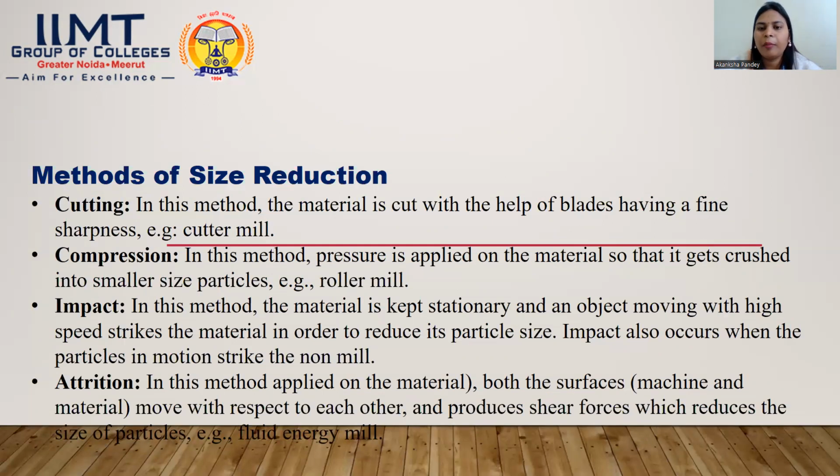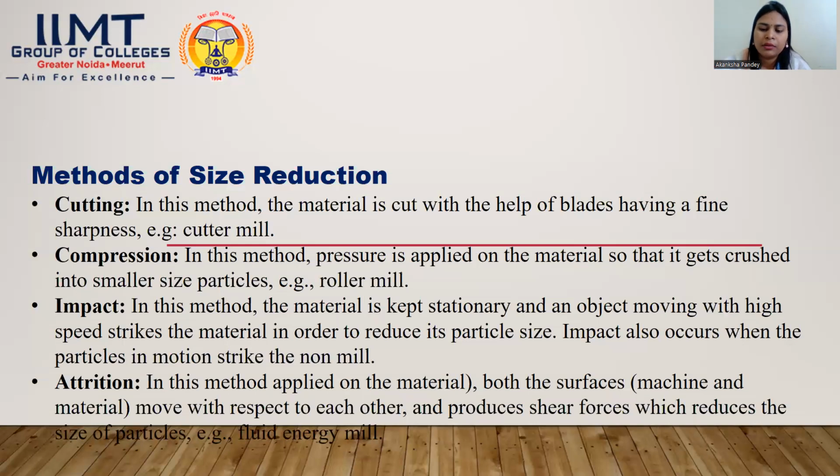Compression: in this method, a mechanical force is applied to the particle so that it is crushed into smaller particles. Impact: we keep the component stationary, and a moving object hits it at high speed continuously, so that the particle gets struck and its size reduces.